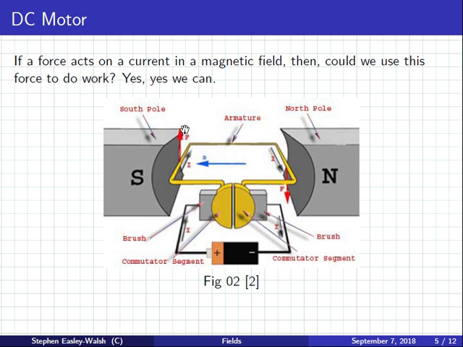This force goes up, this force goes down, so this will turn. The armature will turn. Yeah, this part will turn, because it's one piece. So what you could do is you can connect this to a wheel. Make a wheel turn. What's wheel?